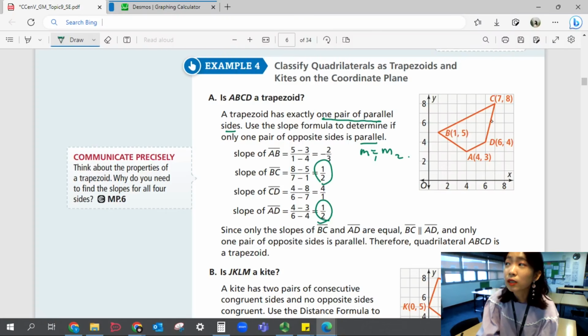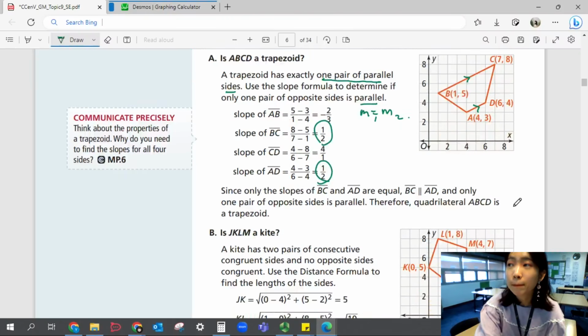Slope of BC and AD are parallel. So since only the slopes of BC and AD are equal, line BC is parallel to line AD, and only one pair of opposite sides is parallel. Therefore, quadrilateral ABCD is a trapezoid. Okay, so for a trapezoid, you just need to check the slopes.